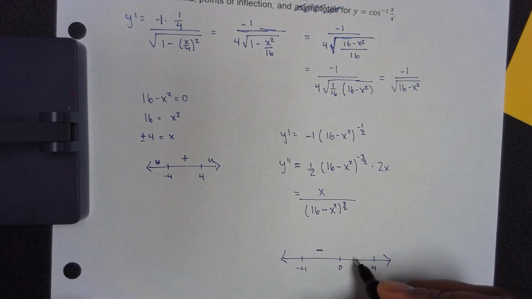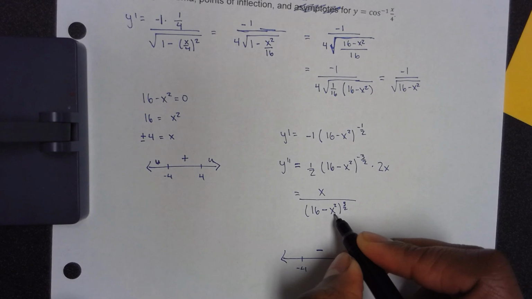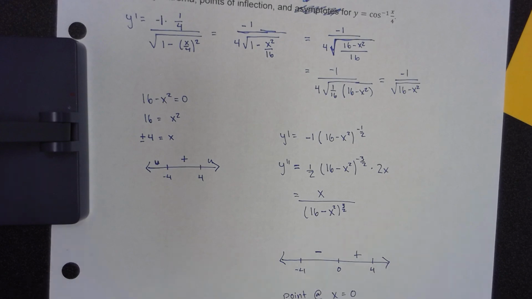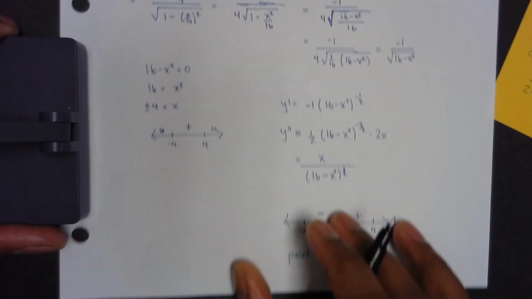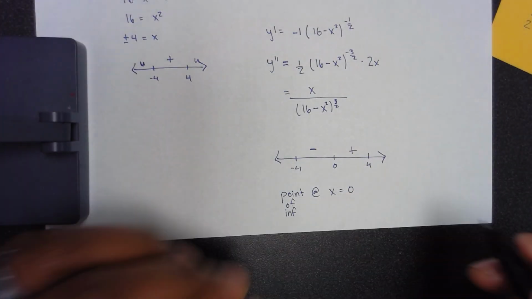Between 0 and 4, let's say we substitute in 1, that would be positive, that would be positive, so we end up with a positive. So we have a point of inflection at x equals 0.